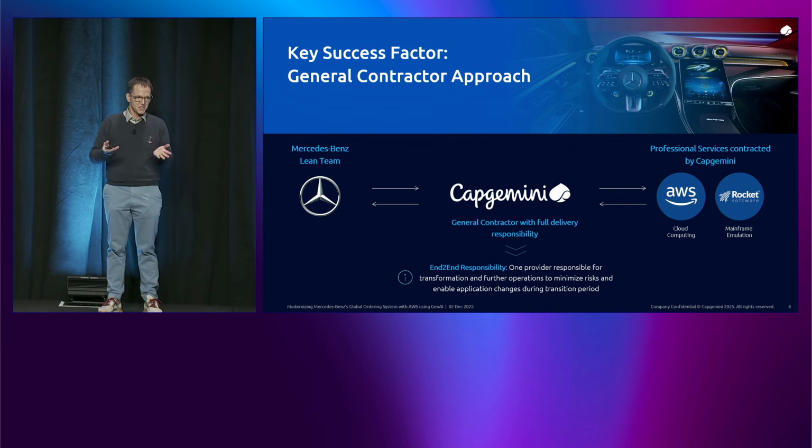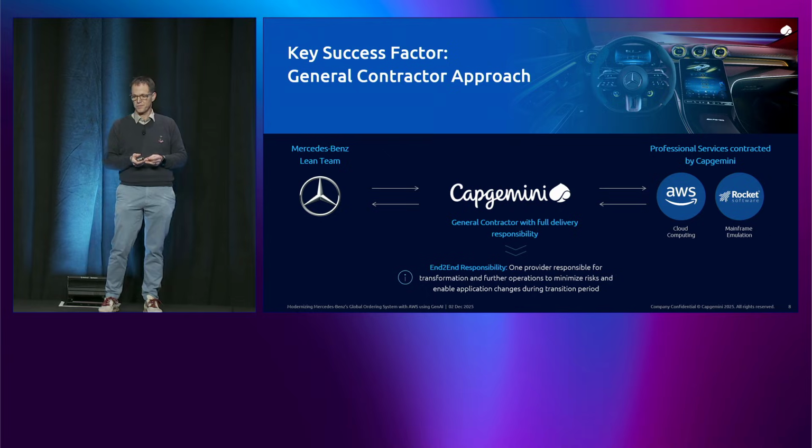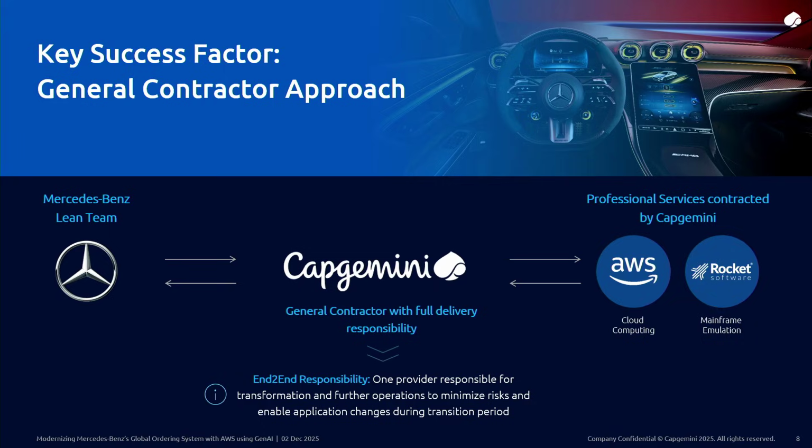Starting, of course, with us as the customer, who want to realize this project, but moreover the general contract that we have with Capgemini, supported by the two main partners: AWS as the cloud platform provider and Rocket as the inventor of the Enterprise Server, the emulation of the mainframe in the cloud. And with this, I'm happy to hand over to Manuel, who will make you familiar with the GenAI part of the story, which is, of course, the most exciting one. So go ahead, Manuel.